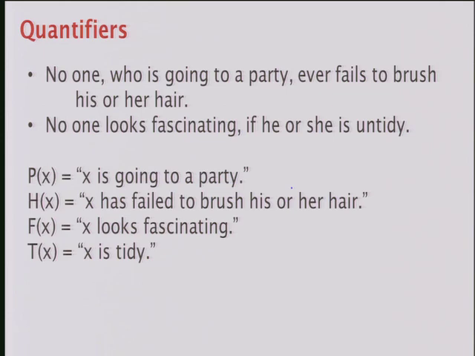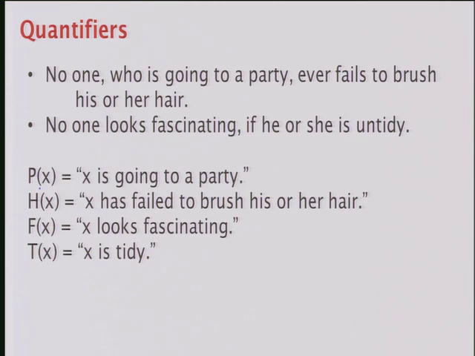Lewis Carroll being Lewis Carroll, he has a droll sense of humor, so these statements reflect that. You have these propositions: P of x is going to a party; h of x denotes x has failed to brush his or her hair; f of x looks fascinating; t of x is tidy. Now we have to write out these two statements in quantifier notation.